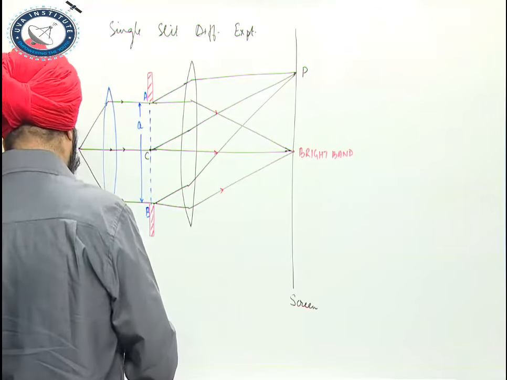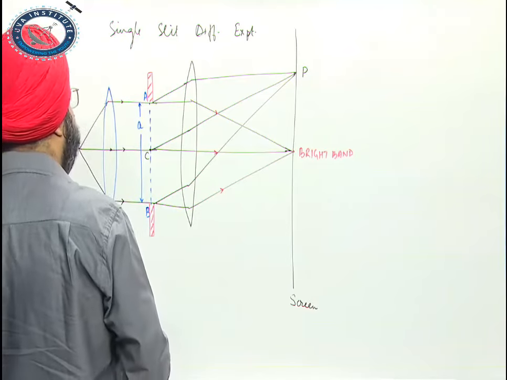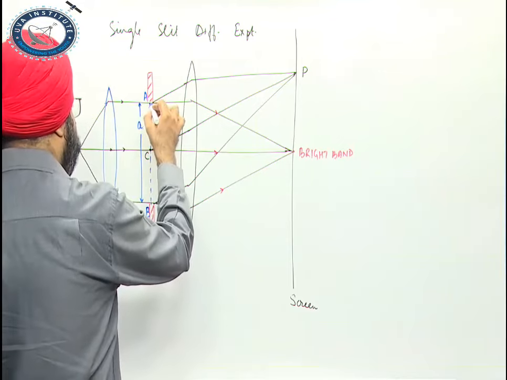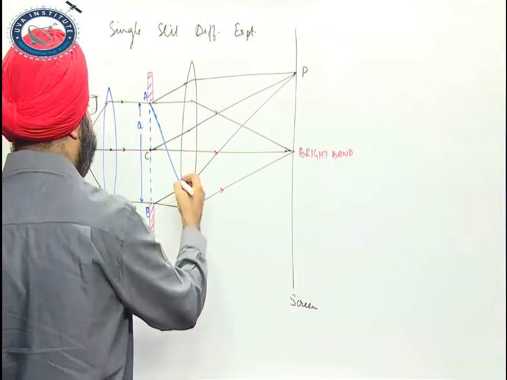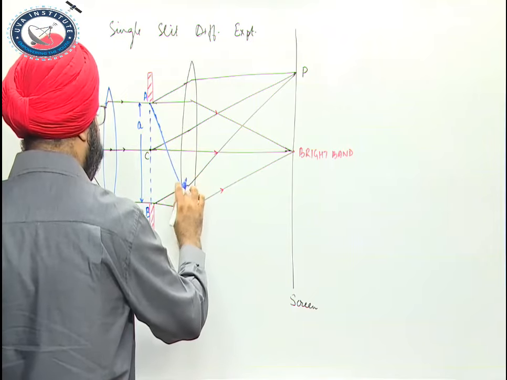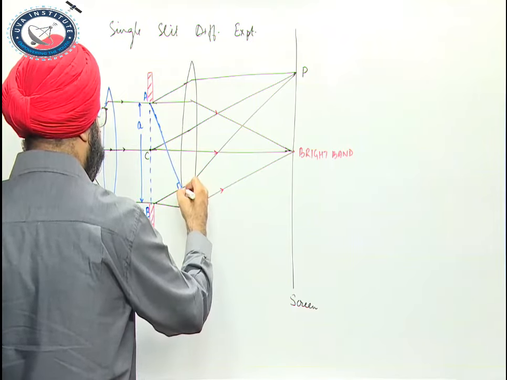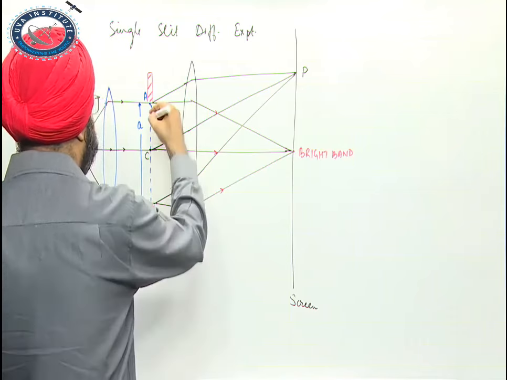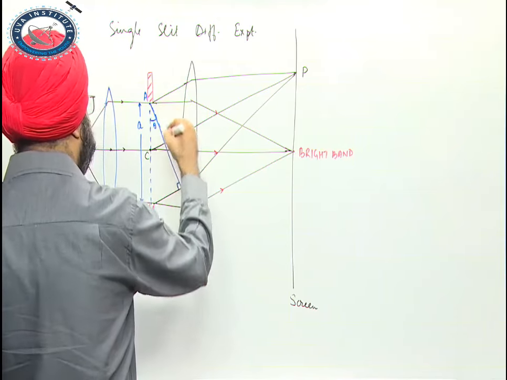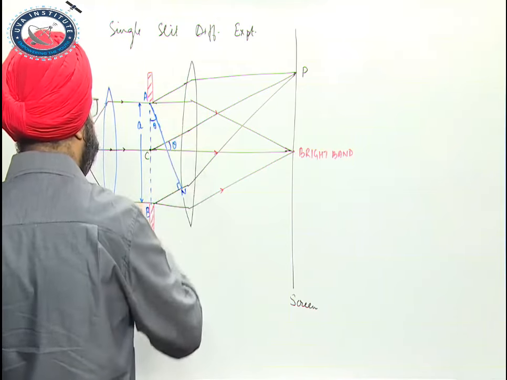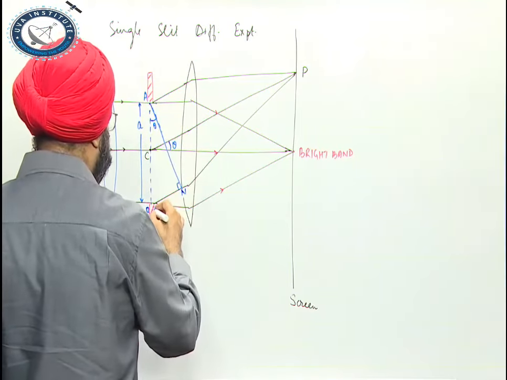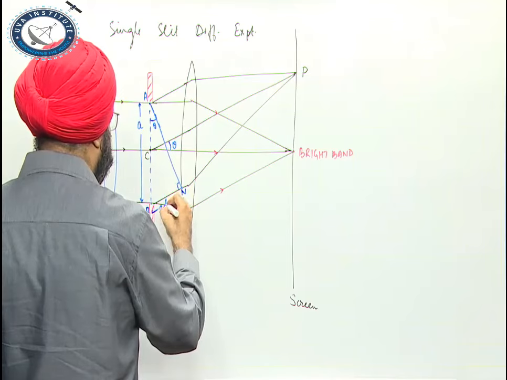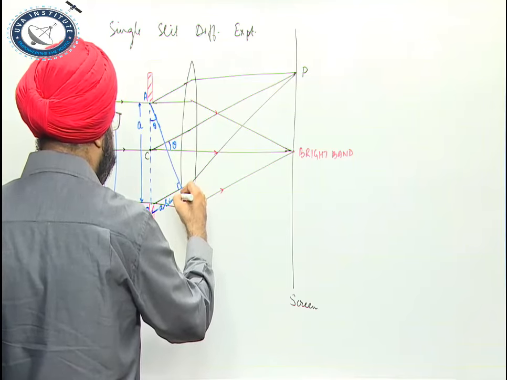In that case, the phase difference can be calculated by drawing a perpendicular over here. This is N, this angle is theta, this angle is theta. This is A cos theta, and this is A sin theta.